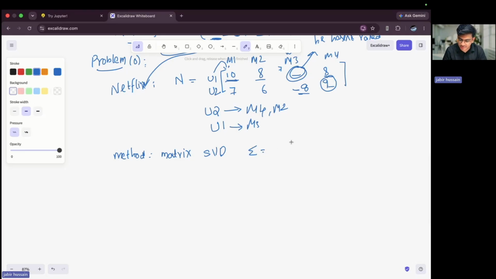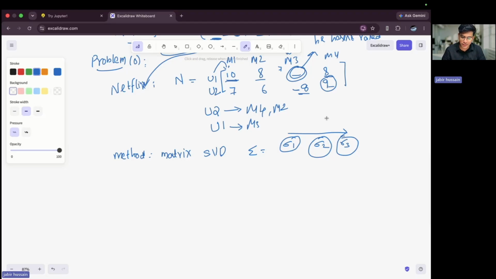Whatever sigma values we get, sigma 1, sigma 2, sigma 3, are in descending order. Sigma 1 represents the highest number of patterns, sigma 2 the second highest, and sigma 3 represents the least important patterns in the given matrix.